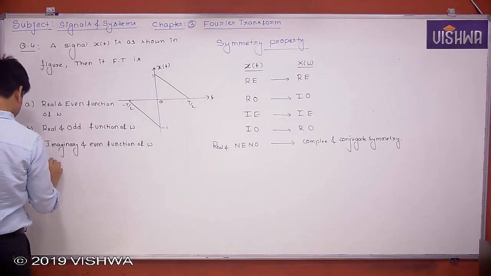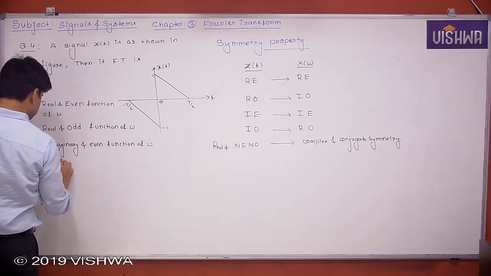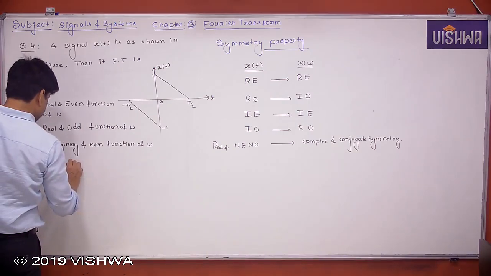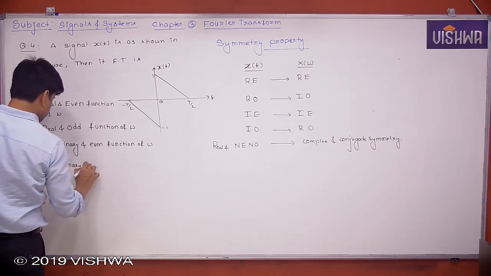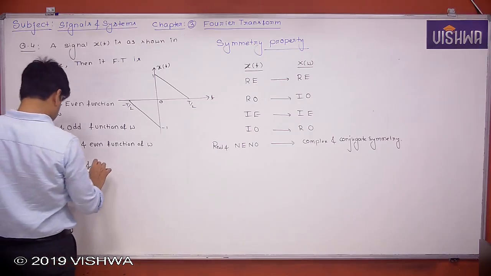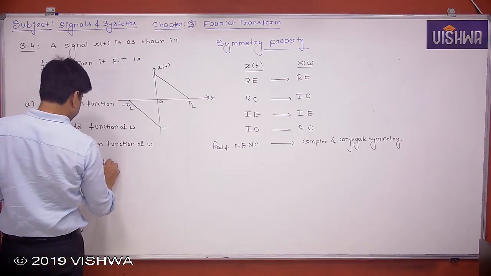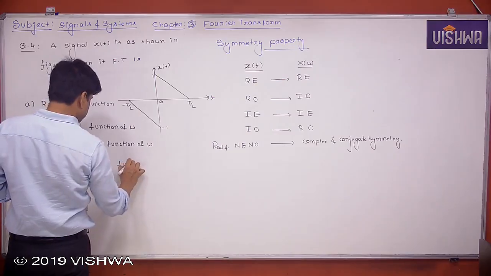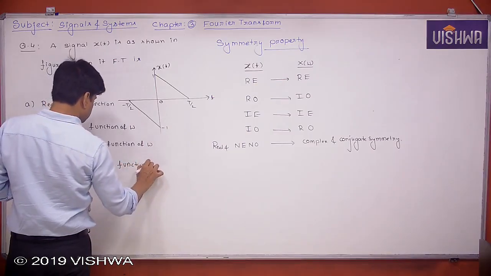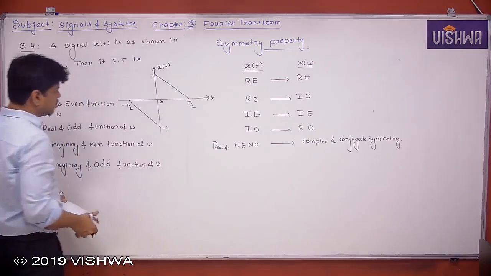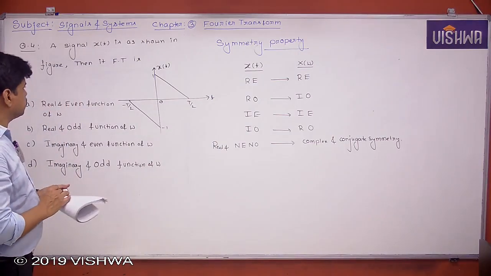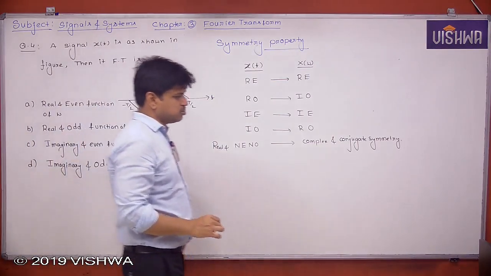Option D, imaginary and odd function of omega. So which of the options is correct for this function x of t?